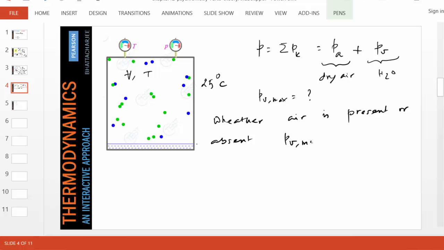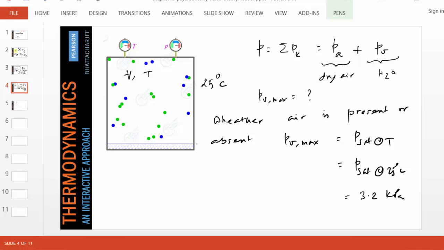PV max will be P sat at T. So that's not changing, which we already saw. P sat at 25 degrees Celsius, and we found that to be 3.2 kPa.